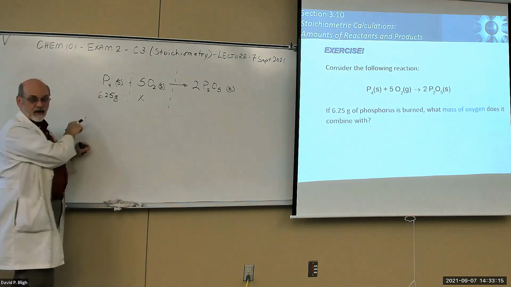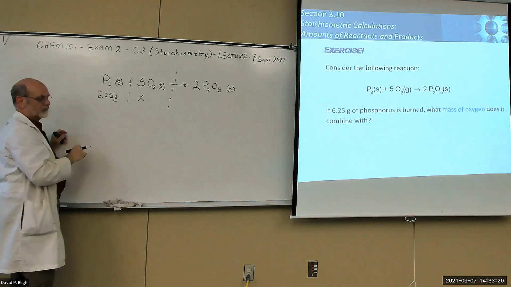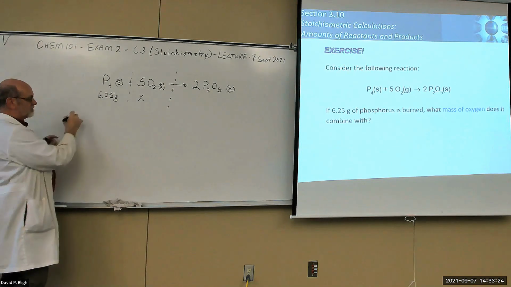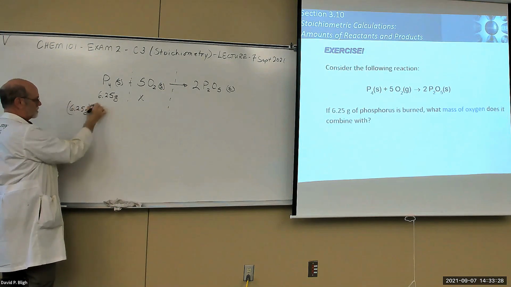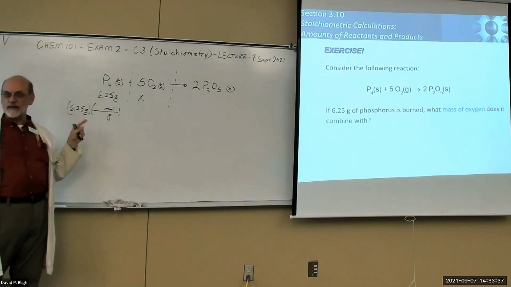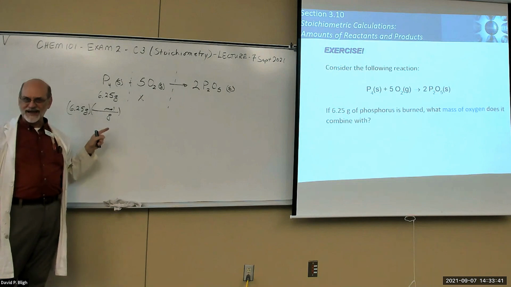So this grams can't go anywhere until we convert it to moles. So P4, how do we convert 6.25 grams to P4 moles? Right, that's your conversion factor. Get rid of grams, leaves you with moles. When you see grams and moles in a quotient, instantly think molar mass.